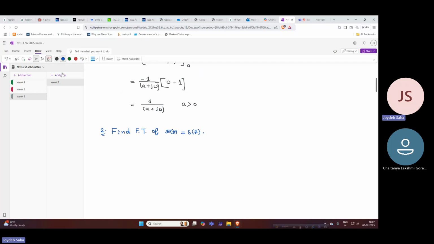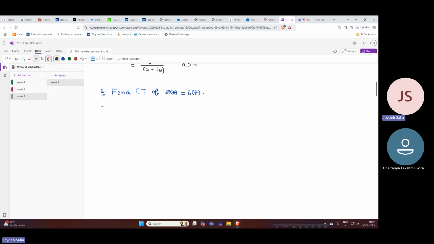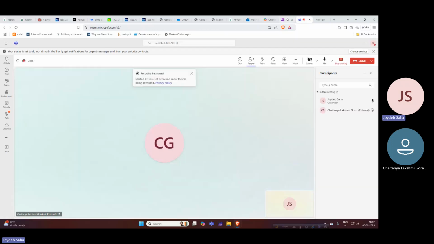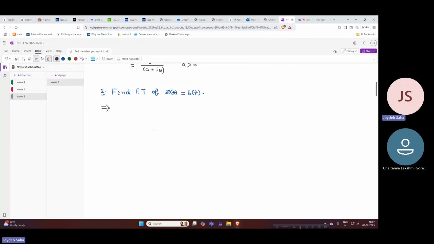Okay, so now what is the value of delta(t)? First question. Delta(t) is 1 for t is equal to 0 and delta(t) is 0 for any other value of t, right?